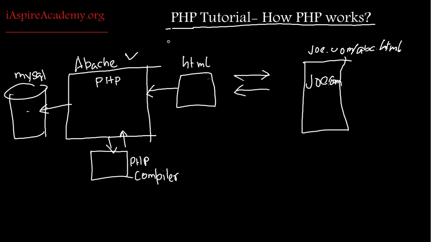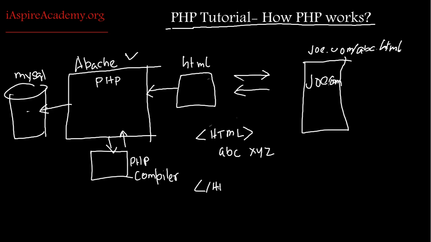If I could add one last thing: I talked about how HTML has PHP tags, and we'll talk in detail later. But typically, it looks like this. Let's say you have HTML, and some text, let's say ABC, XYZ, and then closing HTML.